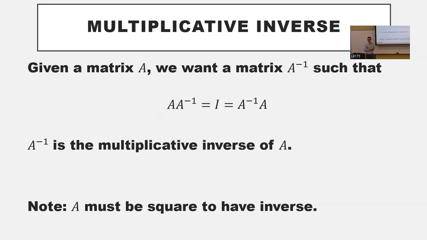Not only is A times A inverse going to give me back the identity, but also A inverse times A will give me back the identity. That means I'm going to force A to be a square matrix in order to have an inverse. That's the traditional way of doing it, okay? So in order to have an inverse, A has to be a square matrix.